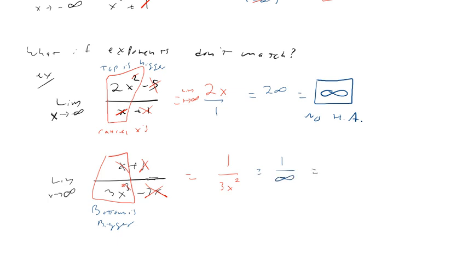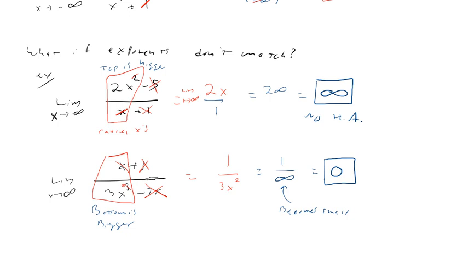It becomes really small. And so small, in fact, that it reaches 0. 1 divided by infinity is equal to 0. If you have infinity on the bottom, your answer is 0. Anything divided by infinity becomes a 0. Becomes so small that we make it into a 0.